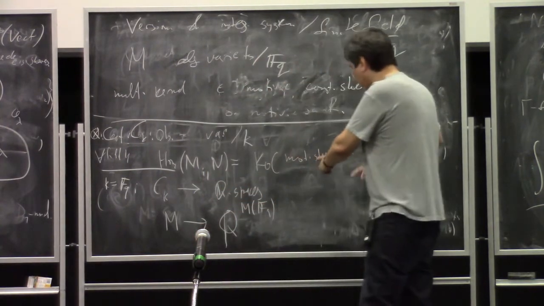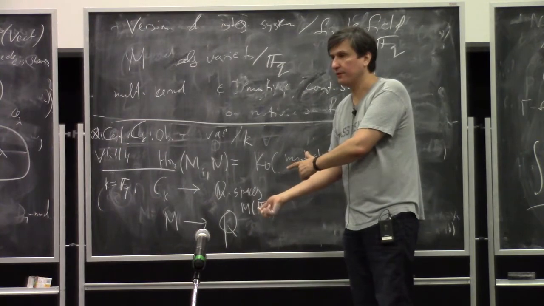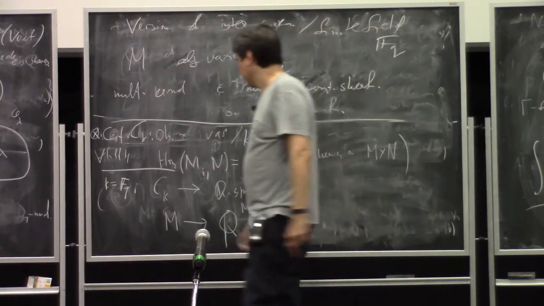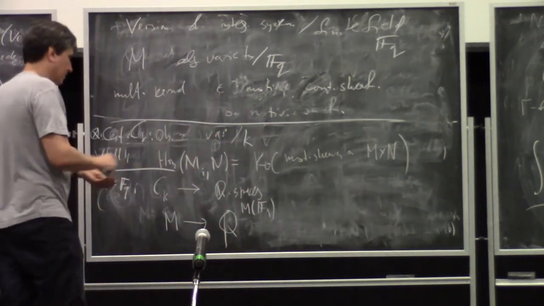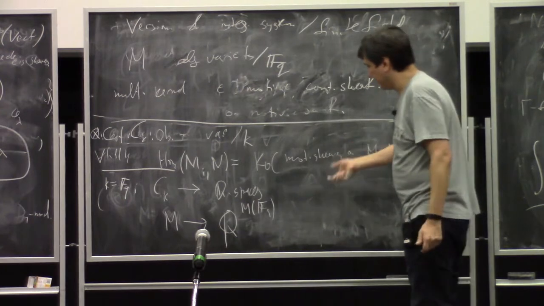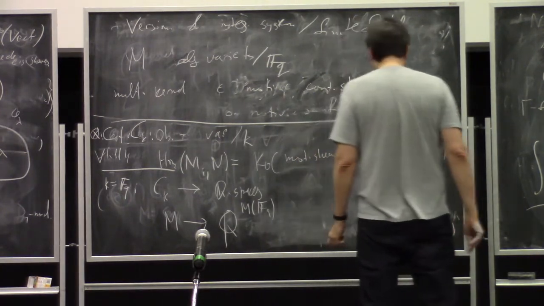And if you get a sheaf on a product, you calculate the trace of Frobenius, you get a rectangular matrix, and the usual story goes: sheaf composition becomes just multiplication of matrices.